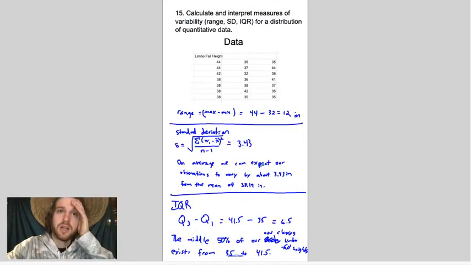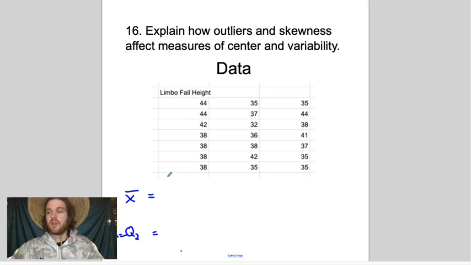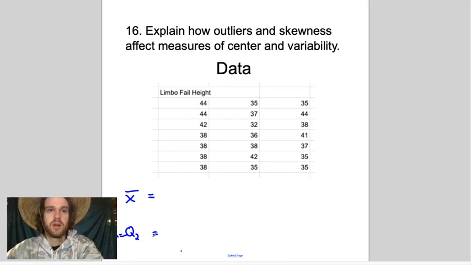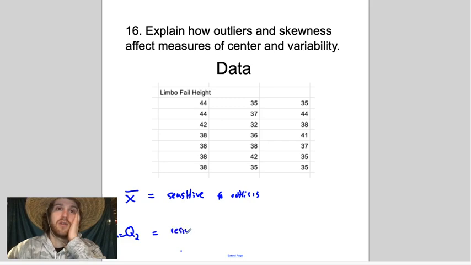So the median is typically much more resistant to outliers. That's what you need to know. So we'll call this more of a robust statistic. The mean is sensitive, would be the word I would use, to outliers. The median is resistant.